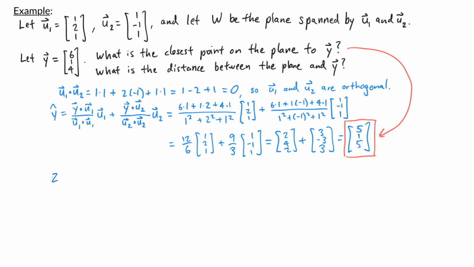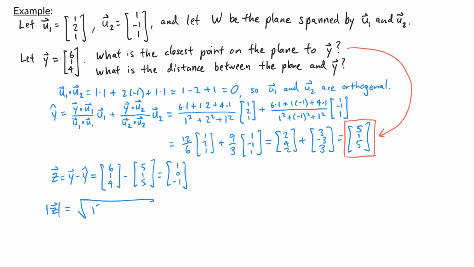So I need to find z, which is y minus y hat, then take the length of z. In this case, z is the vector 6, 1, 4 minus 5, 1, 5, which gives me 1, 0, negative 1. The length of z would then be the square root of 1 squared plus 0 squared plus negative 1 squared, or square root of 2. And that's the distance between the plane and y.